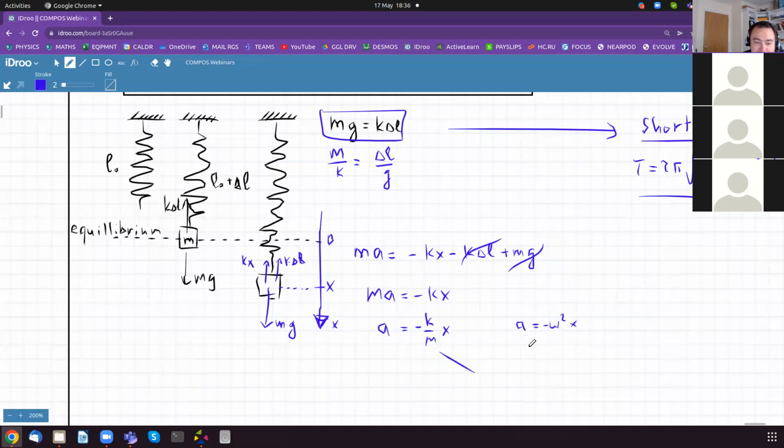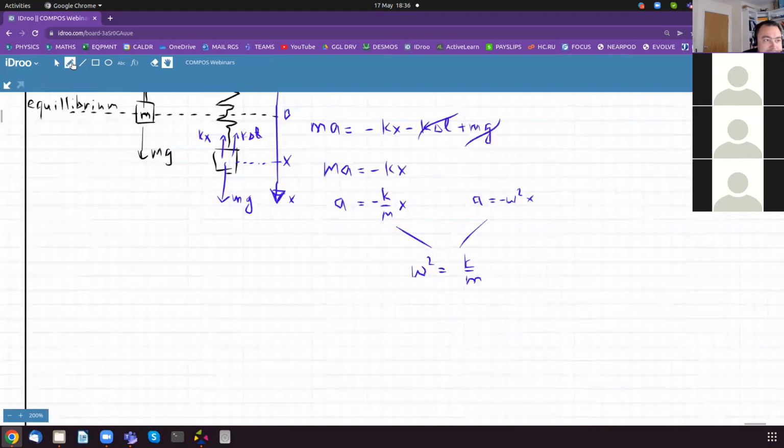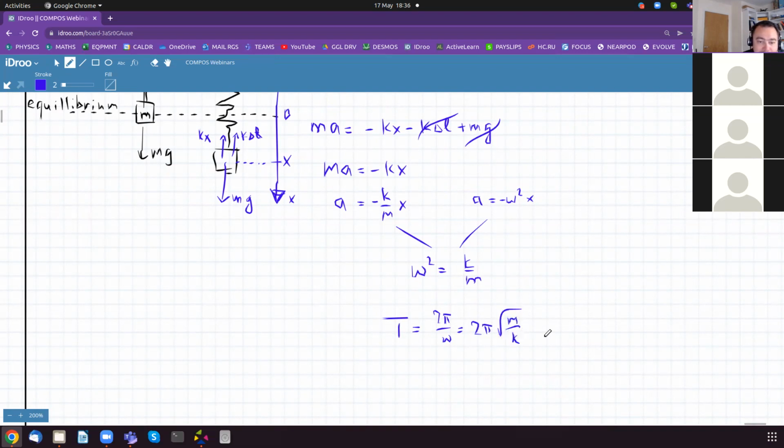So from here, we deduce that omega squared is k over m, and then do the same thing. So time period is 2 pi over omega, which is 2 pi square root of m over k. And m over k, as we already established, is delta L over g, so T is 2 pi square root of delta L over g.